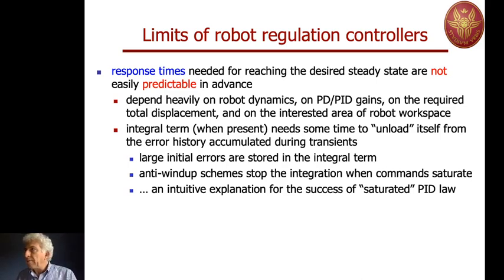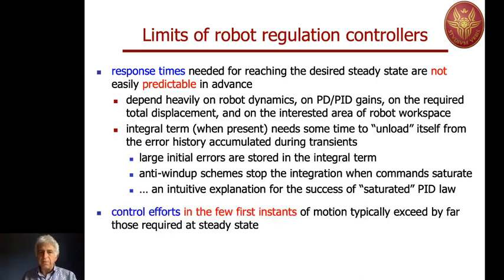So I should have a function which says my controller is a PD law saturated as a whole, so putting an upper bound and a lower bound on the maximum amplitude of the control torque. So we have not done this, but this can be done. If you're interested, just contact me, I can provide you the reference. So response time is one of the main limitations of such regulation controllers for robots.